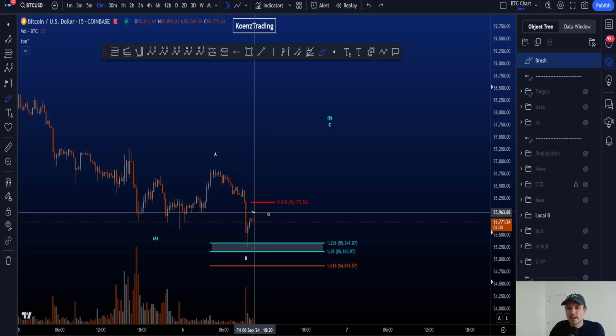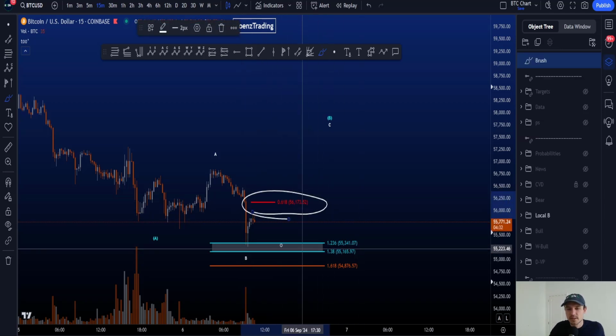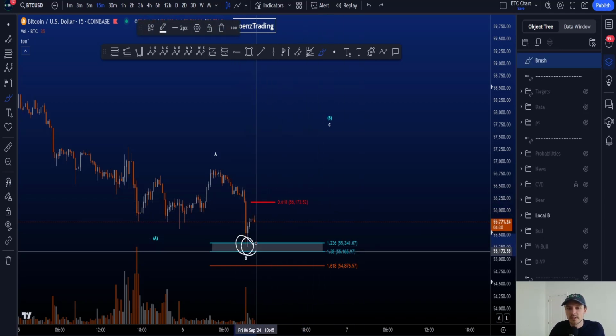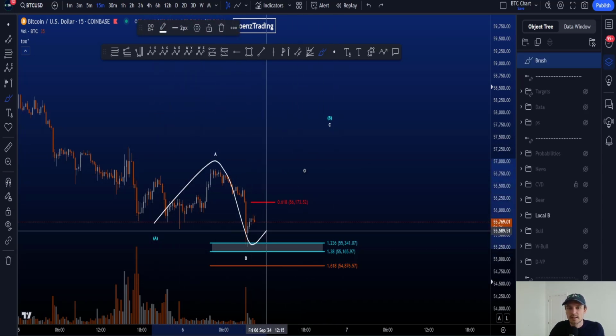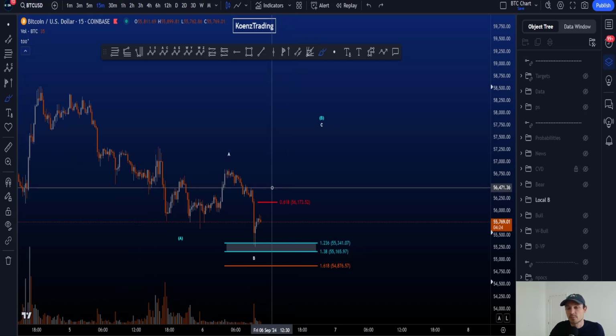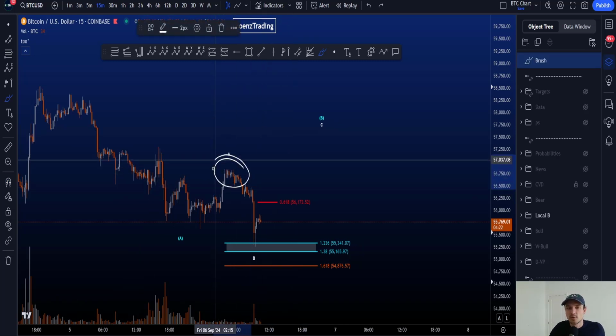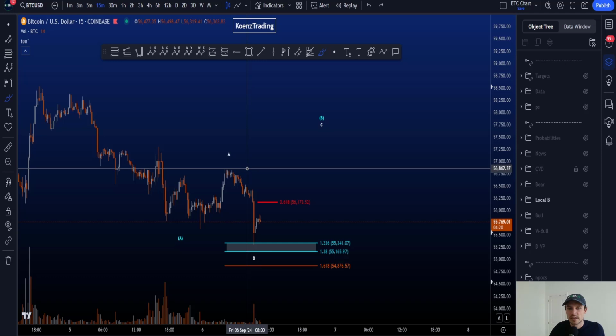So in other words, if price can move up, hit 56.1k, before taking out the low, the probabilities increase for a potential flat and then an ABC, where preferably your wave C is moving above the high of your wave A, sitting at about 56.8k.